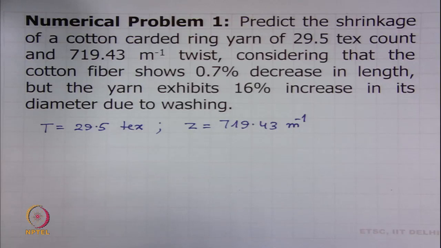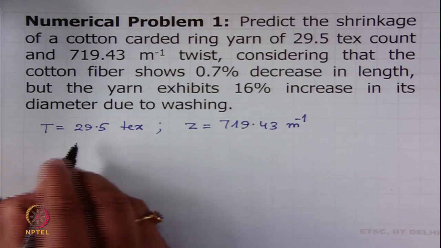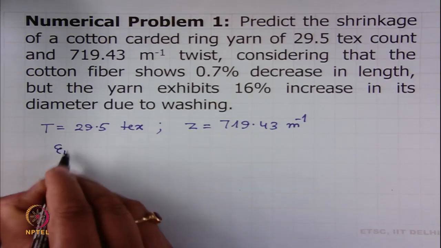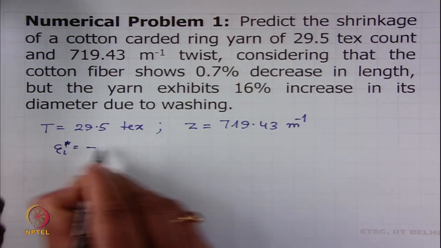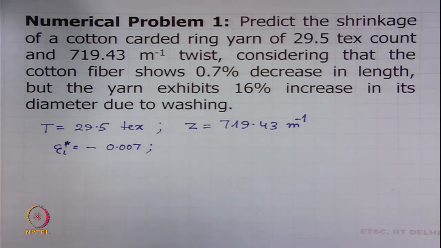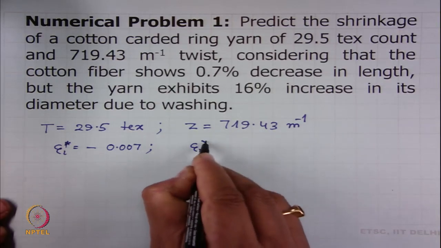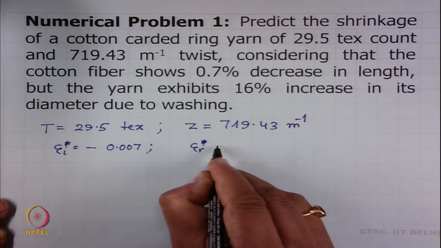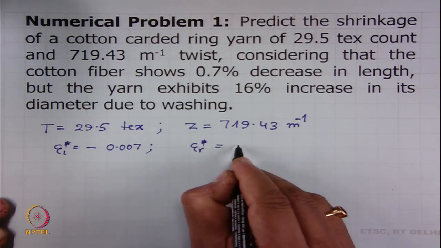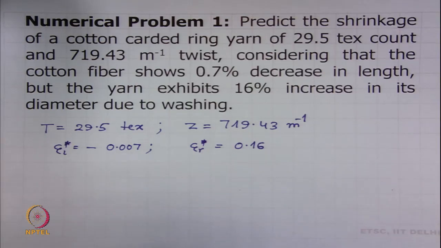Considering that the cotton fiber shows 0.7% decrease in length, minus 0.007, and the yarn exhibits 16% increase in its diameter due to washing. So, diameter increase and radius increase will be proportional, 0.16. So, you have to predict the shrinkage.